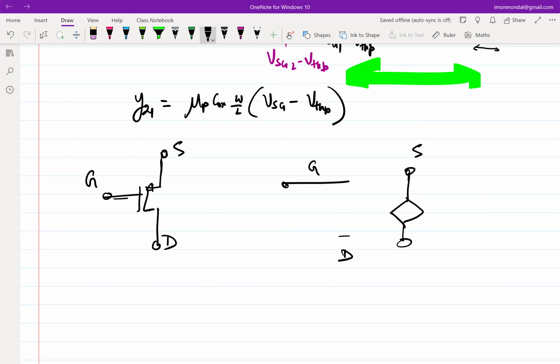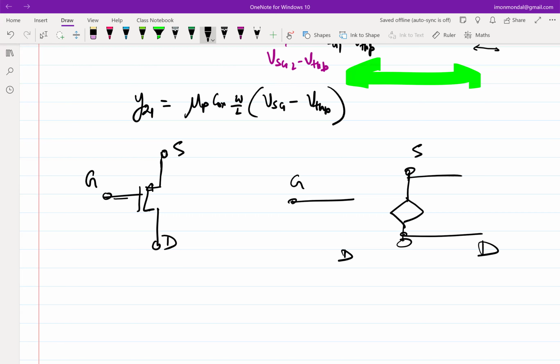Let's not put the drain that side. Let's put the drain this side, because that's how we have been doing. The good thing about our case is Y11 and Y12 are 0. So you don't have to bother about anything connected at the input side.